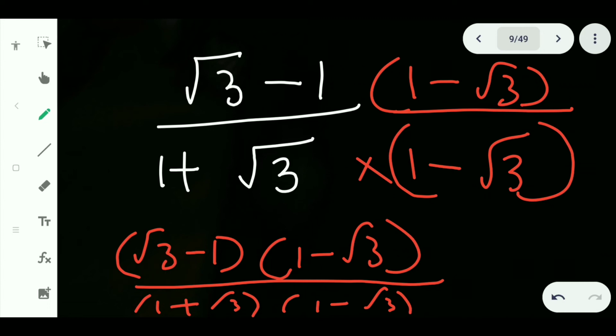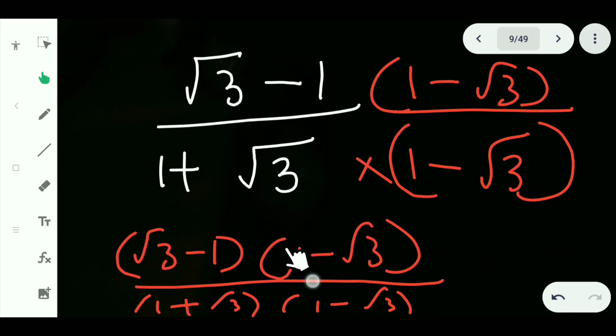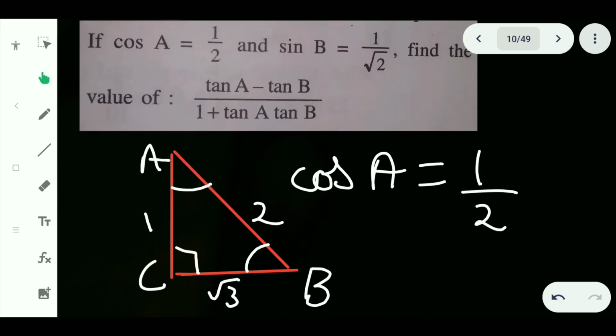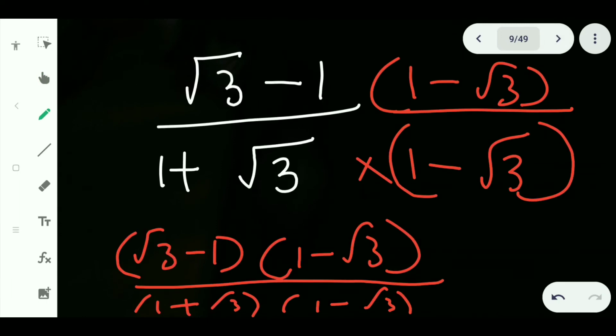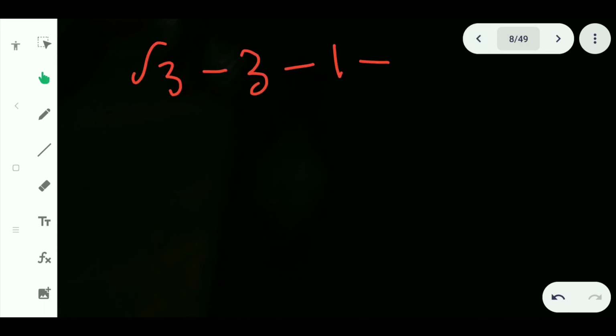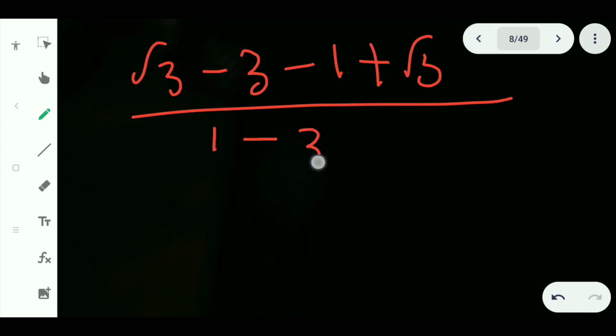Root 3 into 1 is root 3, and root 3 into minus root 3 is nothing but minus 3, and minus 1 into plus 1 is nothing but minus 1, and minus into minus is plus root 3, plus root 3, divided by 1 square minus root 3 whole square, 1 minus 3.